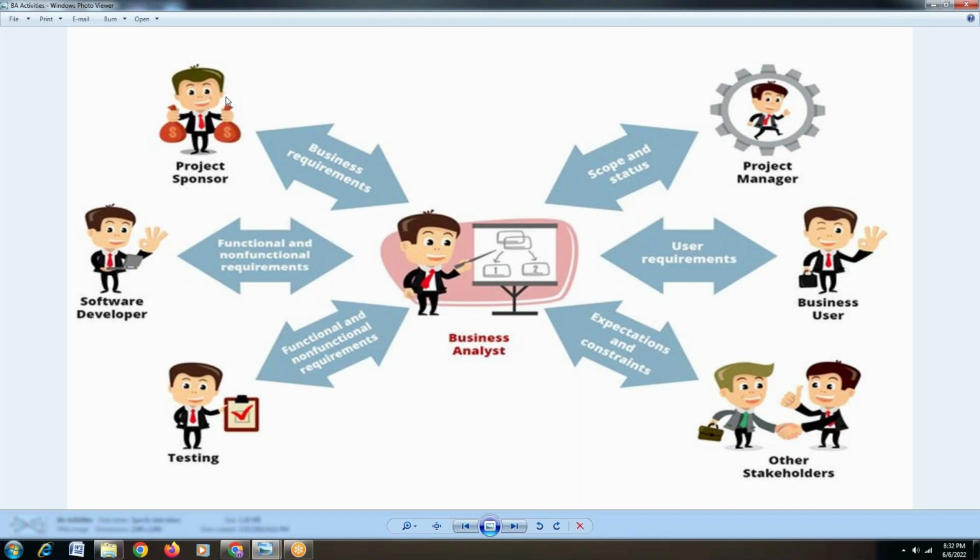Internal stakeholders are like developers, the testing team, and the project management team, because they interact with you and are part of your team. So interacting with both is essentially required for any BA. So these are the different activities we need to perform as a business analyst.